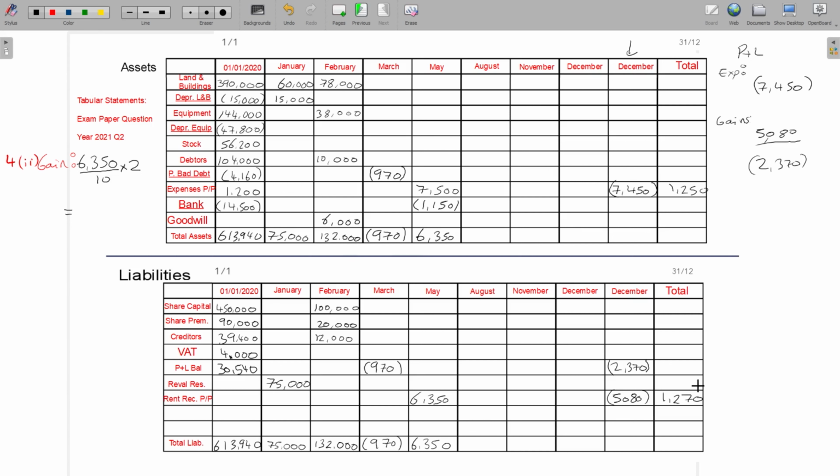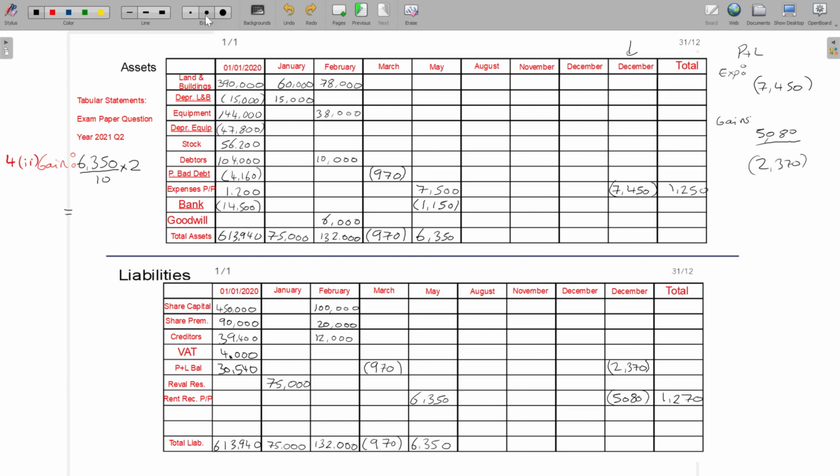But I think if you first find what's in the total, so what are we carrying over for next year? It was 2 months in both cases. So 2 months of the 7,500 was 1,250. And 2 months of 6,350 was 1,270.